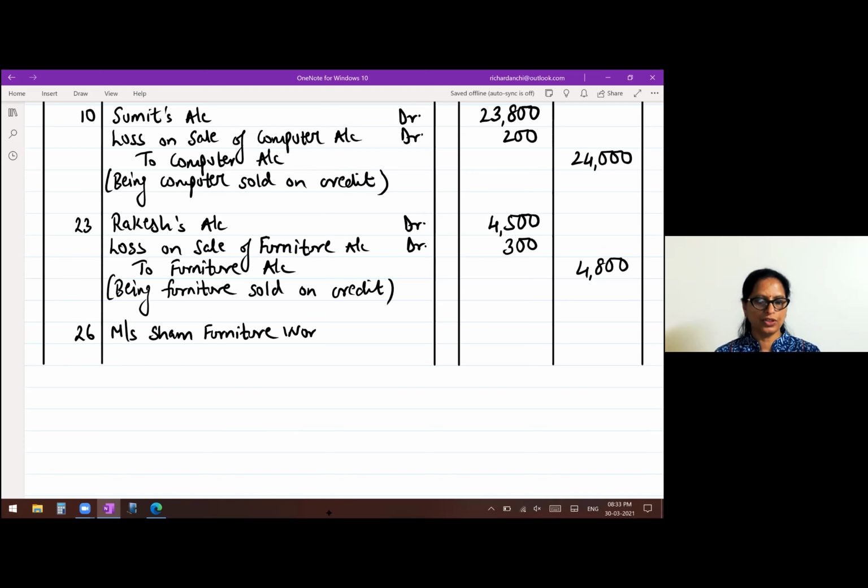Messrs. Shyam Furniture Works account, debit 4,500, to furniture account 4,500. Narration being furniture returned.